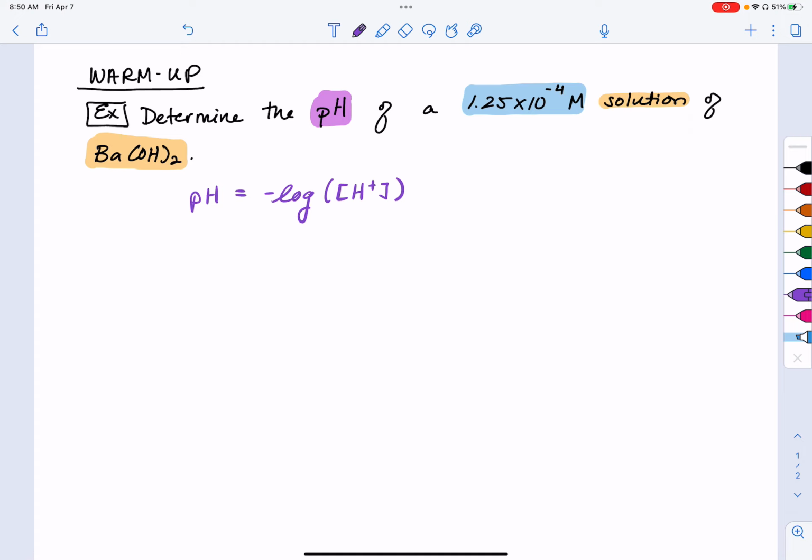And another thing I know about pH is that the sum of pH and pOH is equal to 14. Now, I don't yet know if I need to use this particular piece of information, right? Starting with the definition is always the best place to start, but I'm going to put it up here anyway, just to see if it maybe becomes useful in a moment.